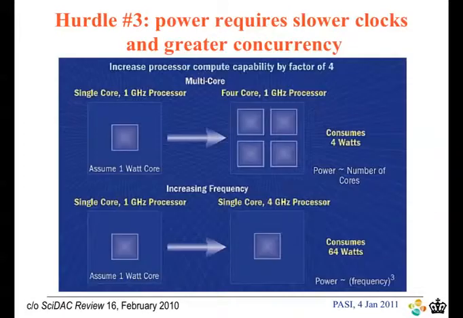Of course, everybody in this room knows this slide. That's why you're here. You know that power consumption goes like the cube of the frequency. So taking a gigahertz processor to a 4 gigahertz processor, that's a 64-fold increase in power required, whereas taking a single core to 4 cores at the same clock frequency is only a 4-fold increase, and so we need, of course, to go multi-core.